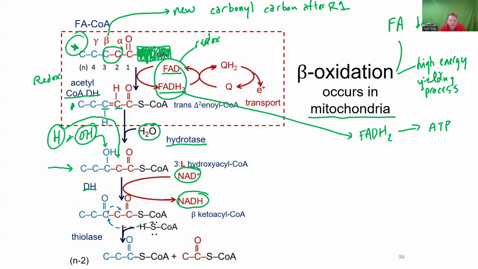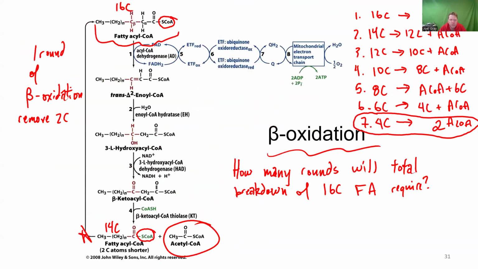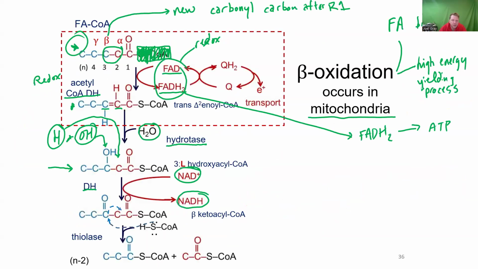Now I'm going to go back to give you the full name of it, but I'm not expecting you to know the full name of that. The full name of that enzyme is 3L hydroxyacyl CoA dehydrogenase. Okay. What type of reaction is this enzyme catalyzing? I just put a star by this DH. Add it to the chat.